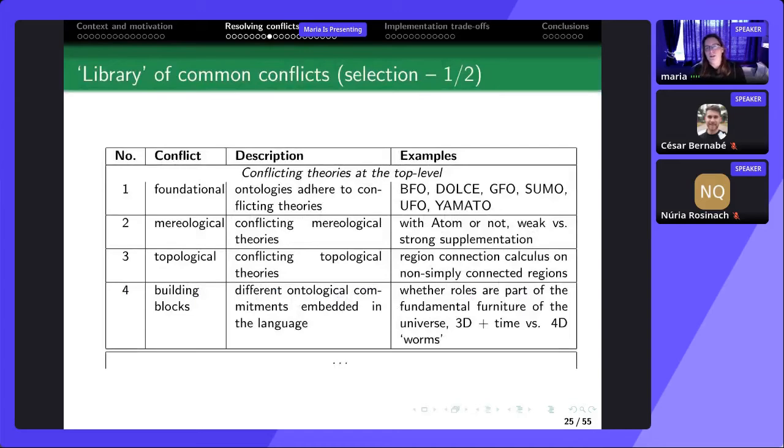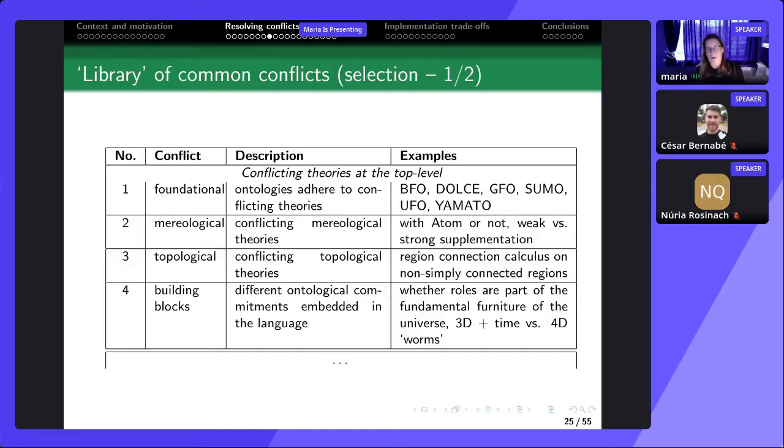Further, what we also have in more detail in the paper is that we have started with what we call a library of common conflicts. They can be conflicts at, for instance, the theory level, such as BFO and DOLCE, as I mentioned before. There are a couple of other common theories from a philosophical ontological side that we already know, and examples are given there on the right-hand side.